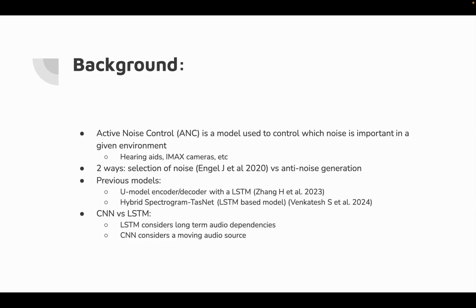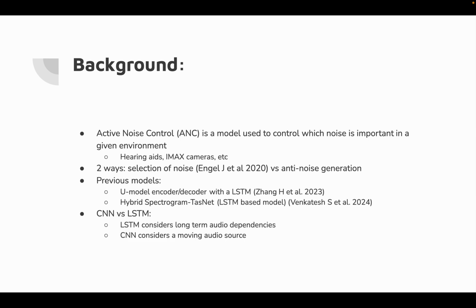Another version is a hybrid spectrogram TasNet, which is an LSTM-based model that's mainly used in classifying and segmenting the different components of music, so separating the guitar from the piano, from the vocals, etc. Overall, I've seen that the two main models used for active noise control are CNNs and LSTMs.